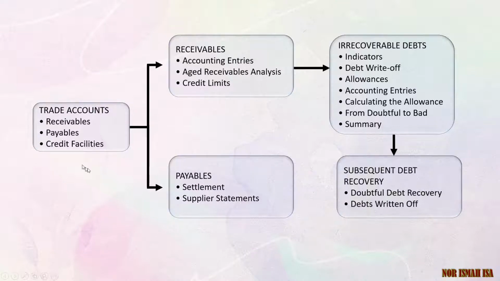And under this, what you are going to learn is receivable, accounting entries related to receivable, aged receivable analysis, credit limits, and then we proceed with irrecoverable debts, indicators, debts written off, allowances, accounting entries, calculating the allowance for doubtful debts, and summary.